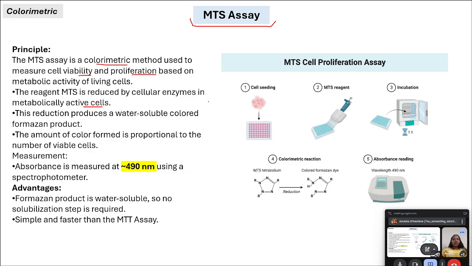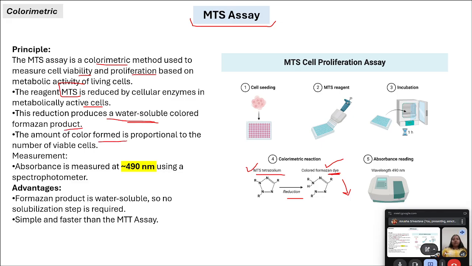In the MTT assay, the succinate dehydrogenase enzyme was reducing the yellow tetrazolium salt to formazan crystals. In the MTS assay also, there are cellular enzymes present in metabolically active cells that reduce the MTS tetrazolium salt, which leads to a colored formazan dye. For this dye, there's no solubilization step. This reduction already produces a water soluble colored formazan product.